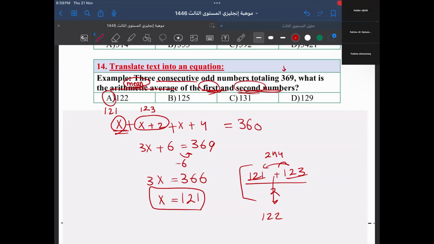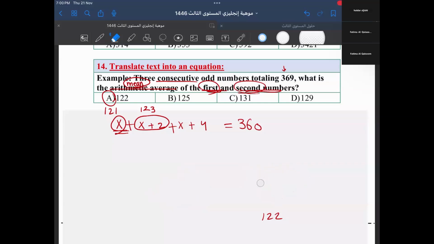Miss, can you explain the whole thing again? Okay. I'm going to do it quickly, so focus with me. First thing first, we have 3 consecutive odd numbers. So this sentence, we're going to make it into an equation.